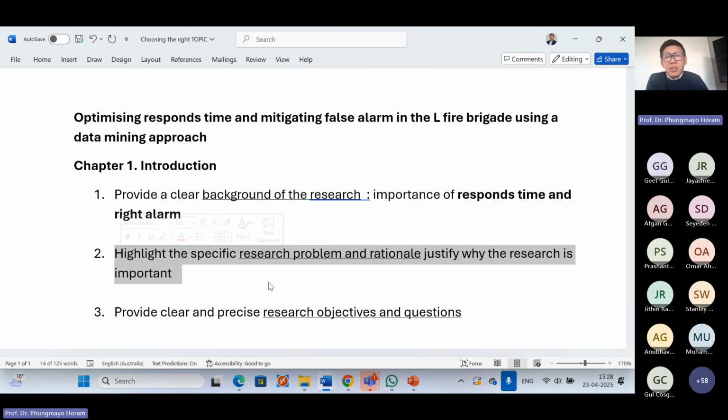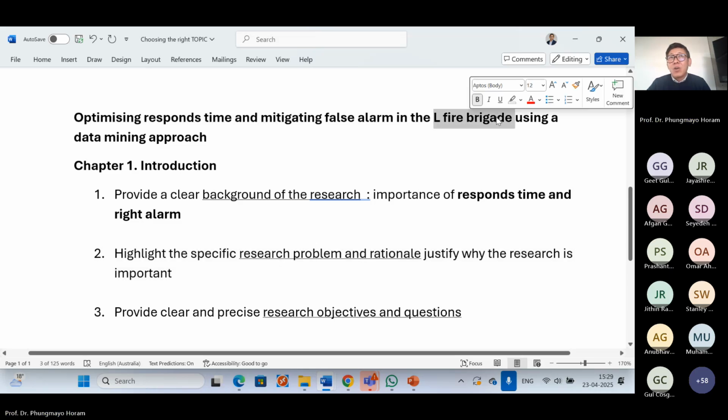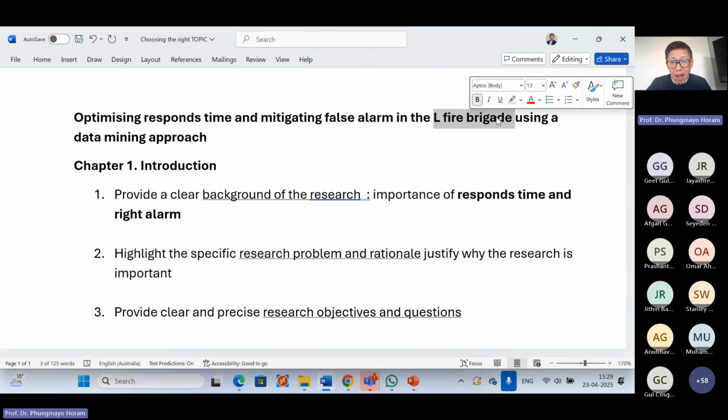So in your case, since you mentioned London Fire Brigade, you have to highlight what problem has been there in the past. Was there a problem in terms of response time, or a couple of false alarms and inefficiency? Okay.